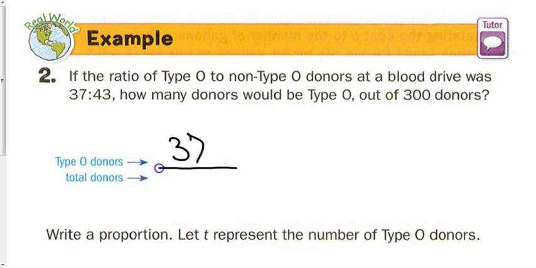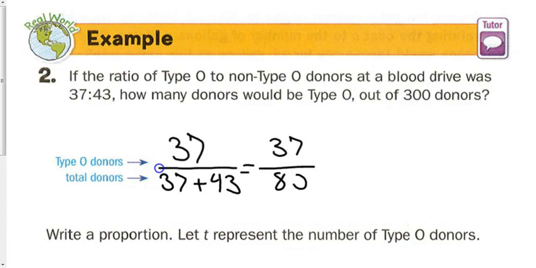37 type O donors. And then what is the total amount of donors? Well, we know we have 37 type O, and for every 37 type O we have 43 non-type O. So in reality, our total donors is our 37 type O and our 43 non-type O. So our traditional part to whole ratio actually comes out to be 37 to 80.